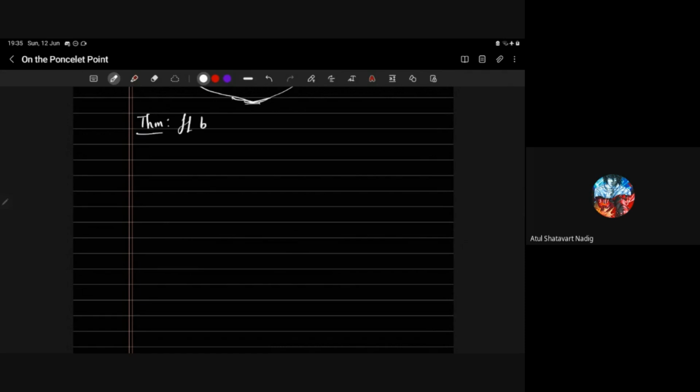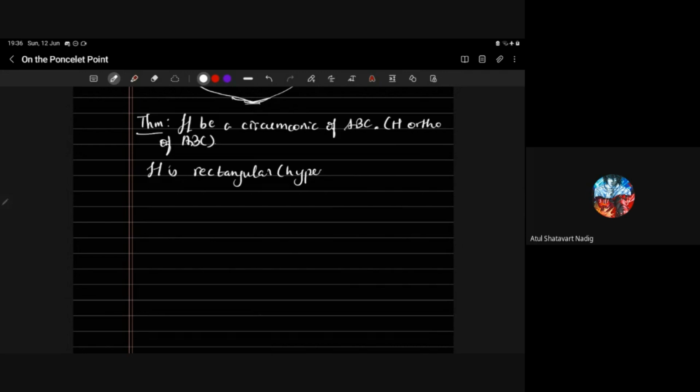Let H be a circumconic of ABC, and let the orthocenter of ABC be H. Show that the conic is a rectangular hyperbola if and only if it contains the orthocenter. Okay, does everyone know what a rectangular hyperbola is?